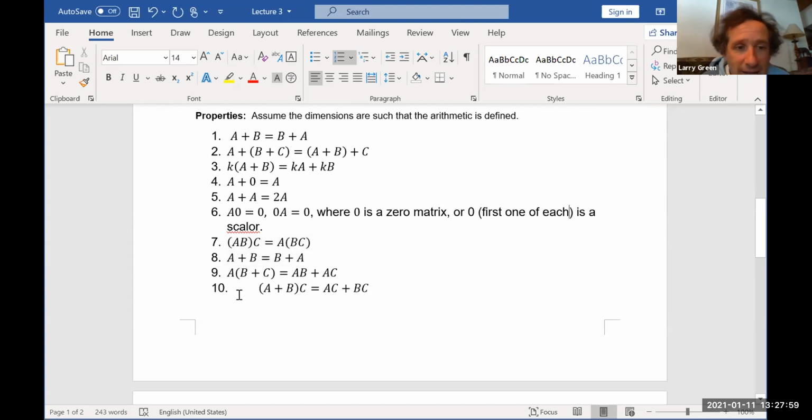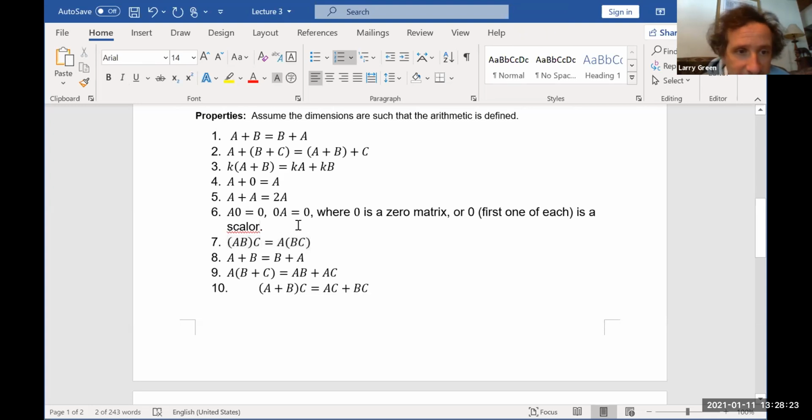Now let's do one more multiplication. A times B, with A and B multiplied first and then times C, is the same as A times B times C. That's the associativity for multiplication. Not scalar multiplication, actually, matrix multiplication.